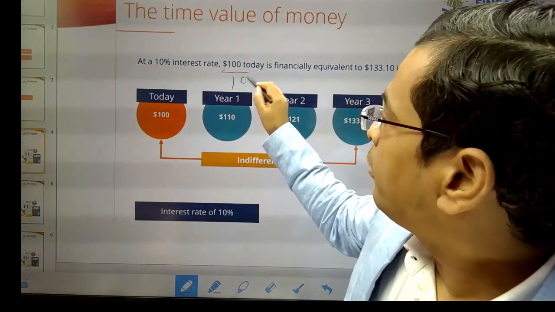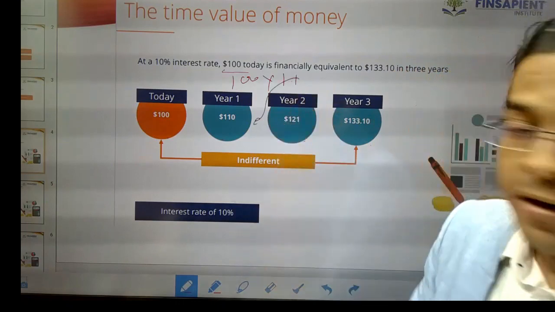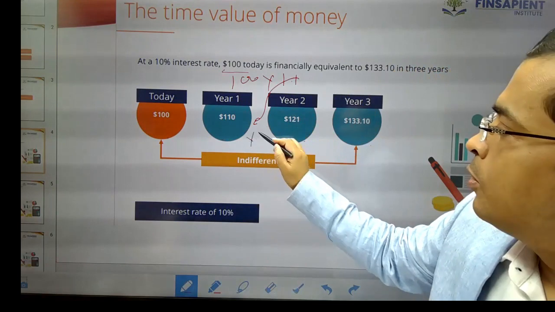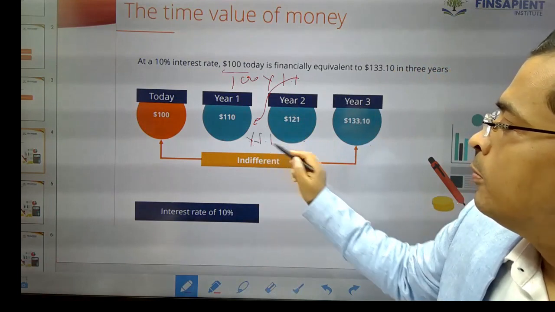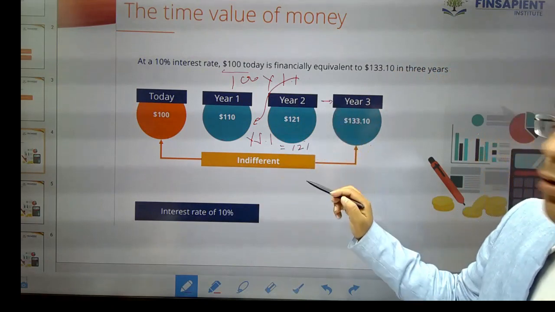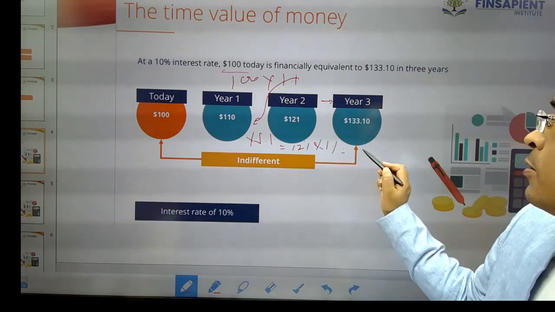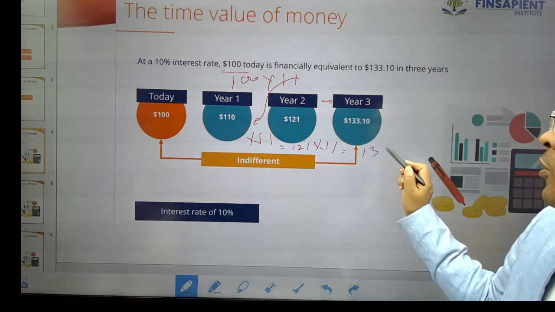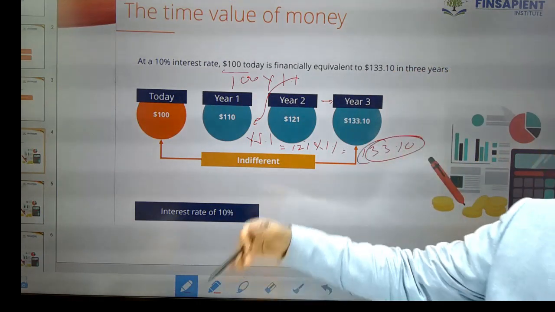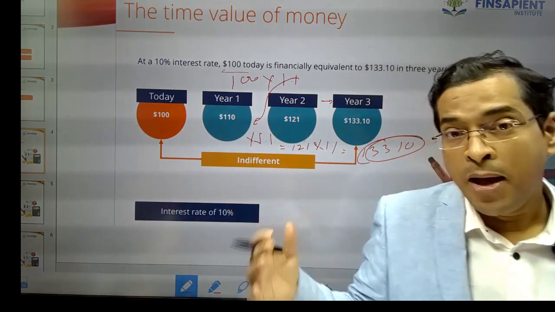So 100 times 1.1 is $110. Similarly, now $110 times 1.1 is 121. And again, 1 year further down the line, 121 times 1.1 is $133.1.